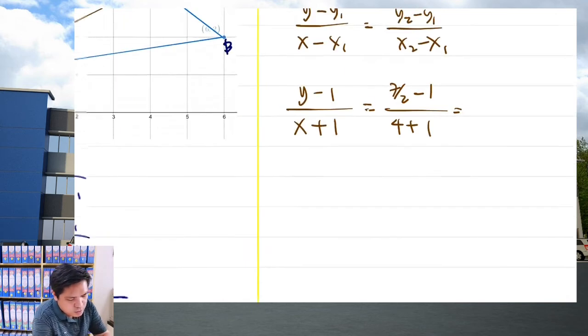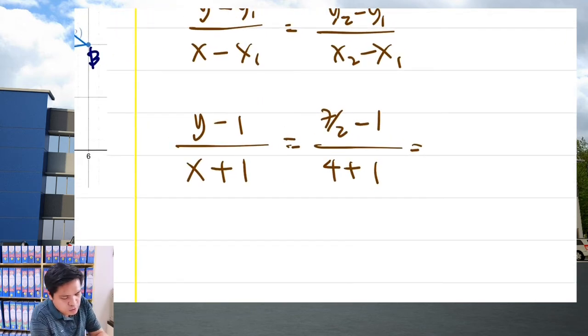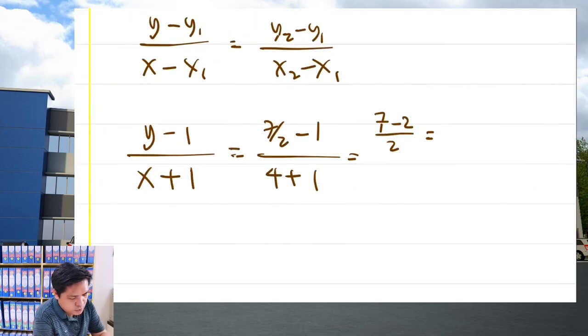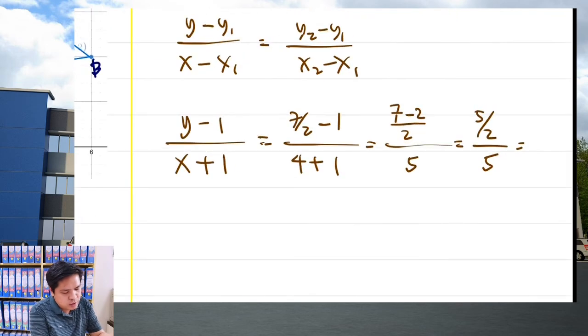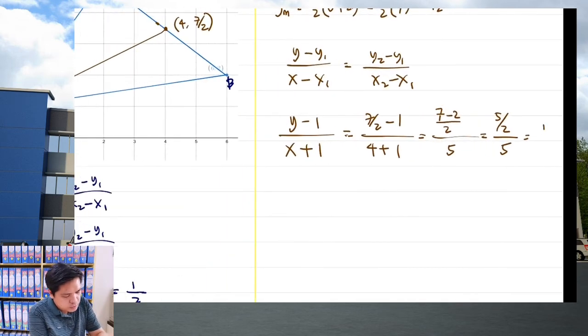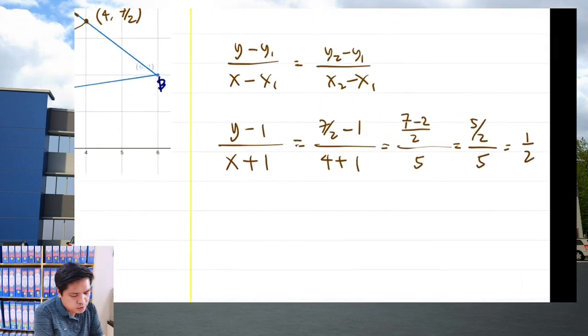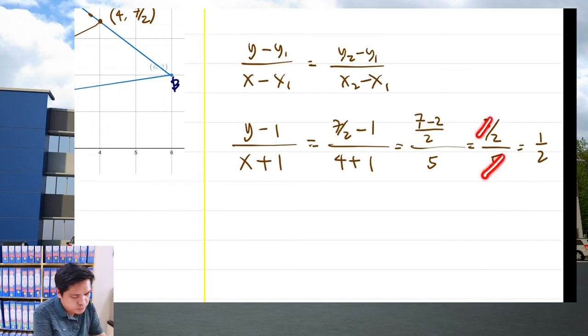So this is equal to 7 halves minus 1, that would be 5 halves over 5. So that's 5 halves over 5. So cancel out. That's 1/2. Right? We could cancel this out. Okay.